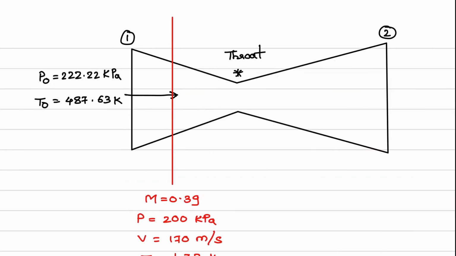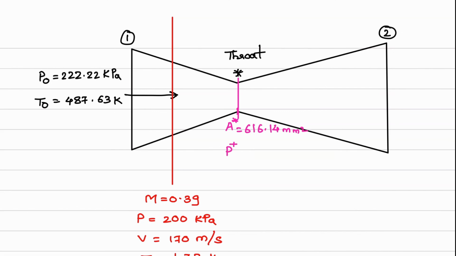Then at throat, whatever things we have calculated, we'll write down over there. So at throat, A star value was how much? 616.14 mm square. It is at this section, throat. I'll draw the section over here, this one. Then second value which we had calculated was P star.